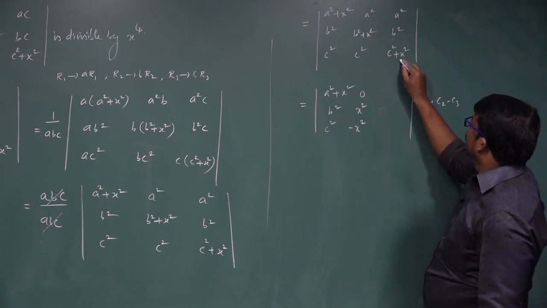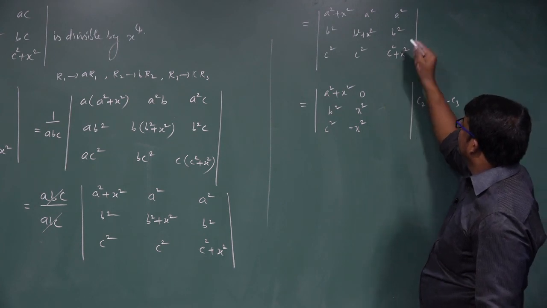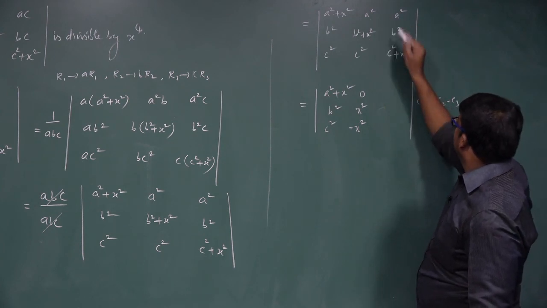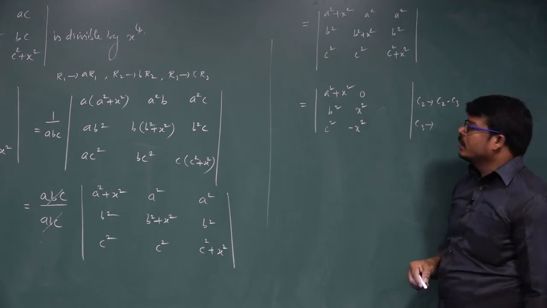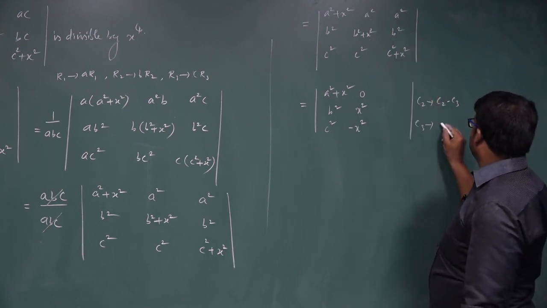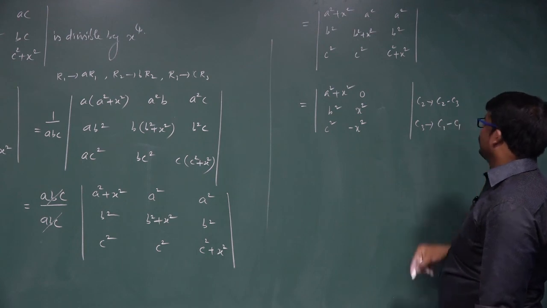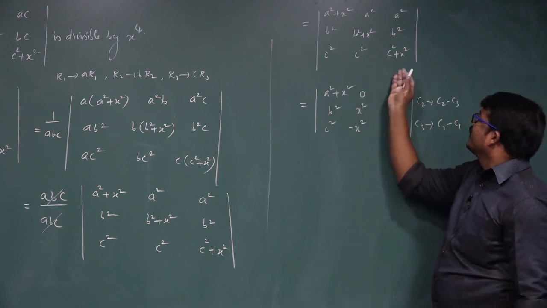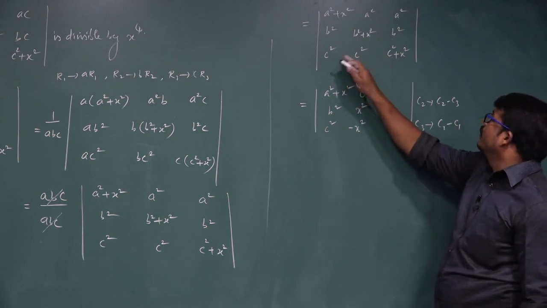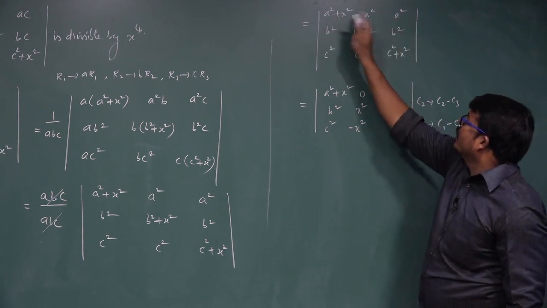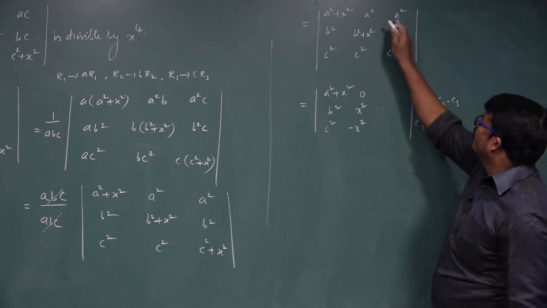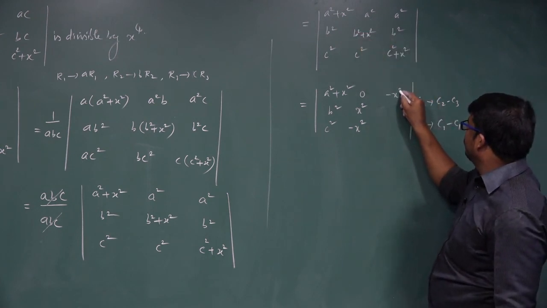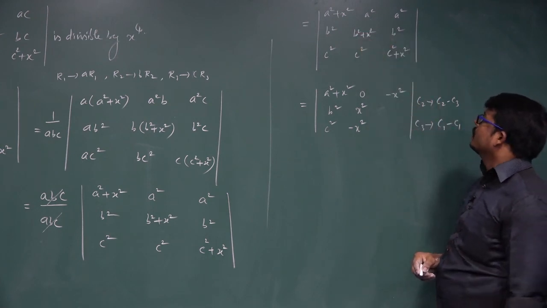And C3 becomes C3 minus C1. A square minus a square minus a square is 0, then minus x square.